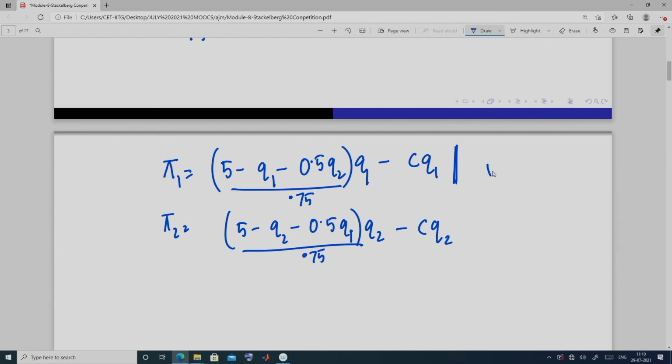Now, here this firm moves first and this one moves second.